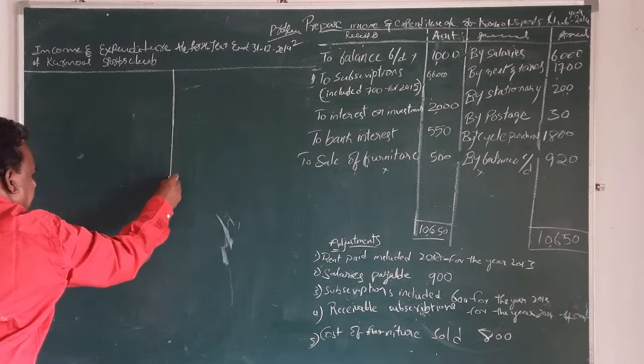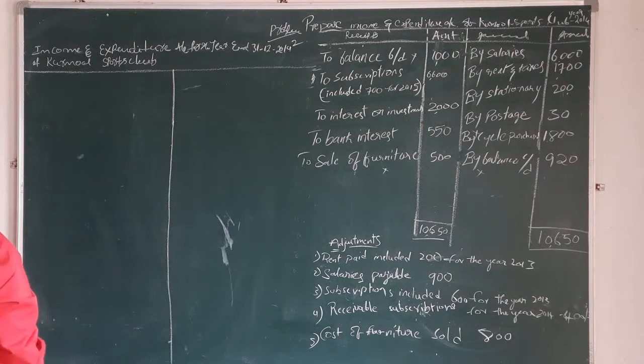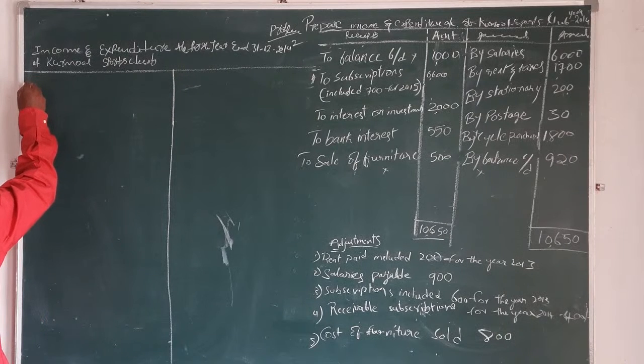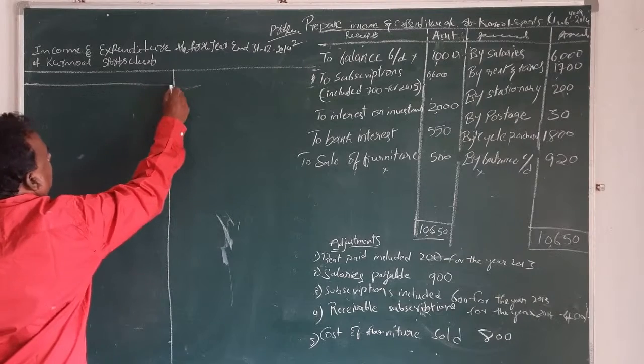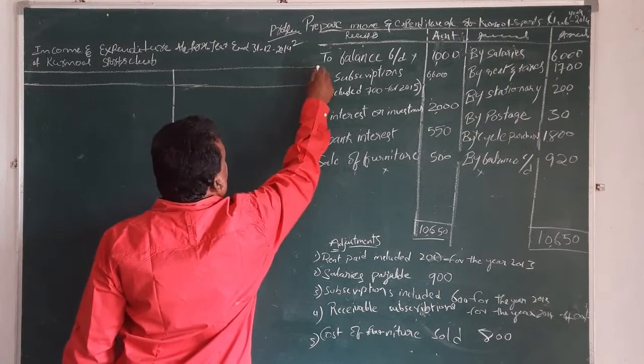This account has been divided into two parts. The left side part is called debit balance. The credit side part is called credit balance.